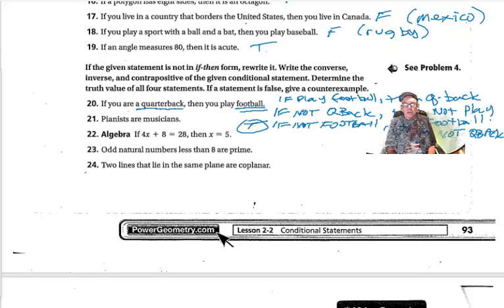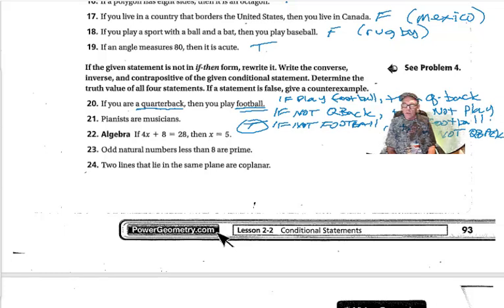Pianists are musicians. So if you're a pianist, then you're a musician would be the conditional form. The converse would be, if you are a musician, then you're a pianist. You could be a guitar player, so that's a false statement. The inverse would be, if you're not a pianist, then you're not a musician.